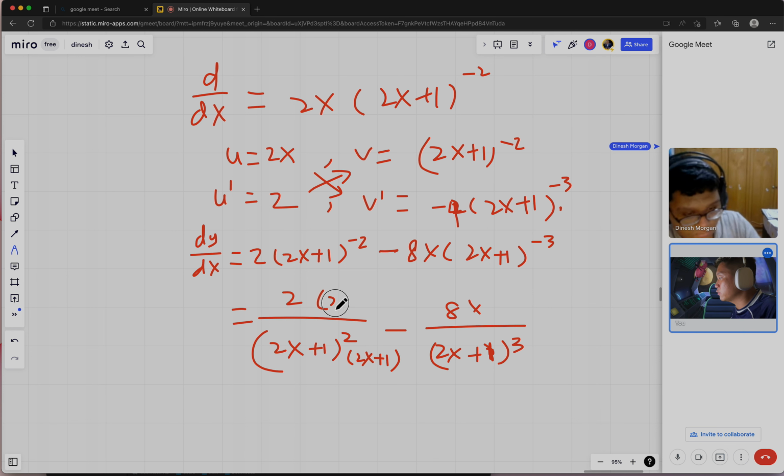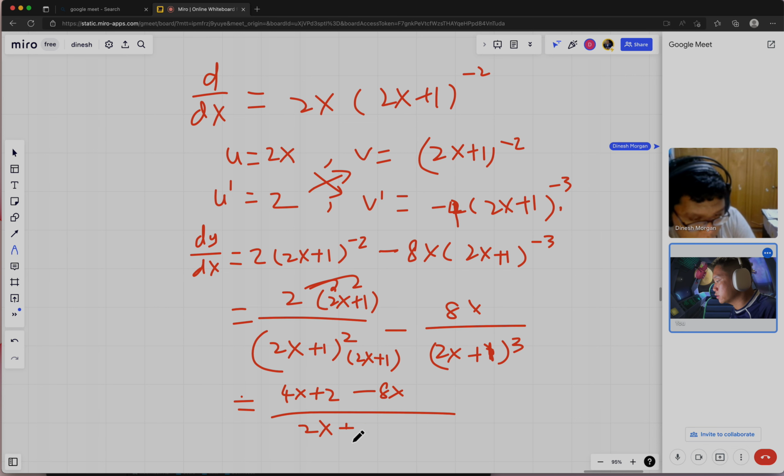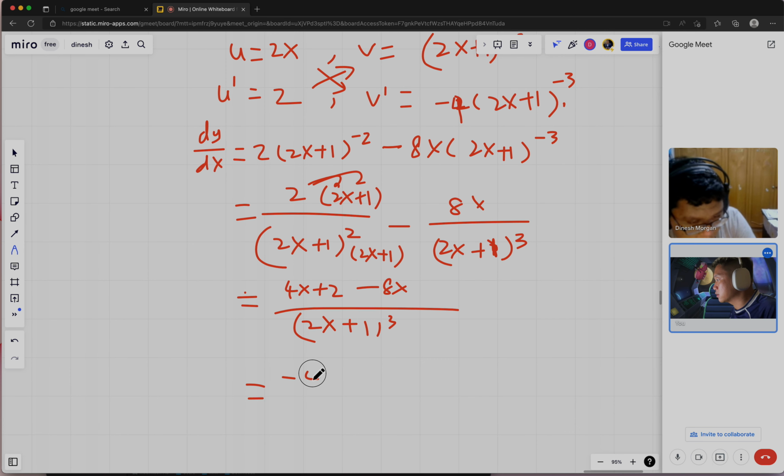And then after that, you need to open the bracket. So 4x plus 2 minus 8x. So over here is this. And then after that you have this minus 4x plus 2, over 2x plus 1.